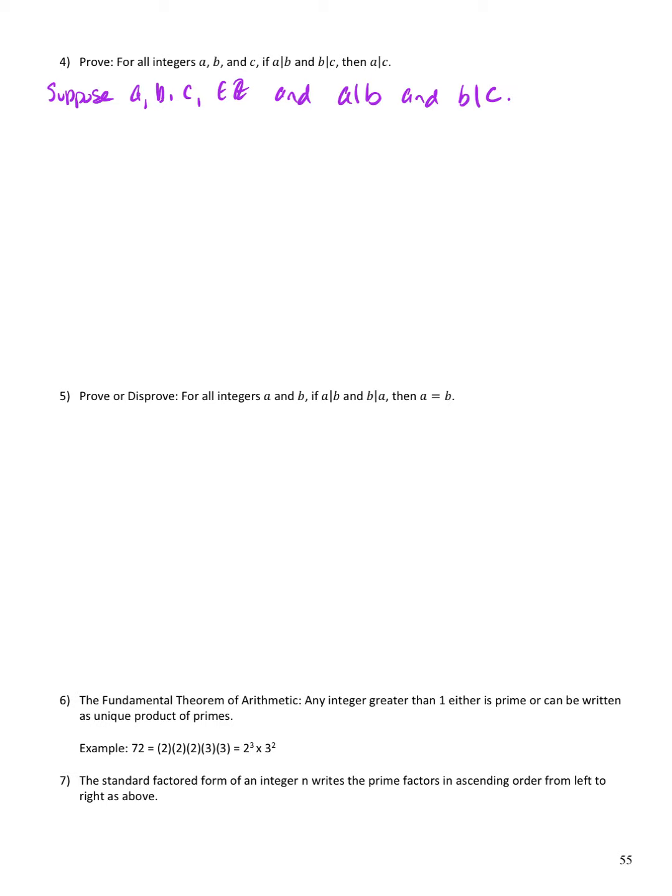We need to show that a also divides c. So let's see. If a divides b, then b is a times some integer k. b is a multiple of a. And if b divides c, then c is b times some integer j.